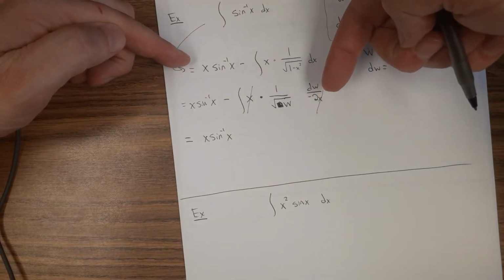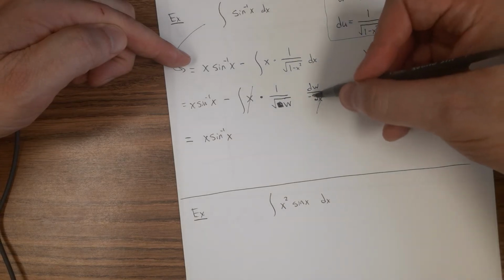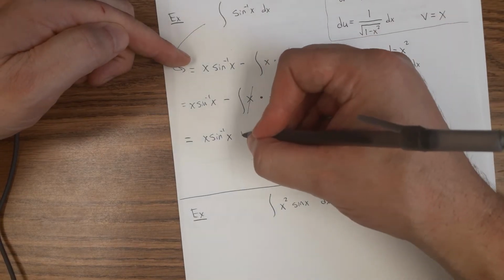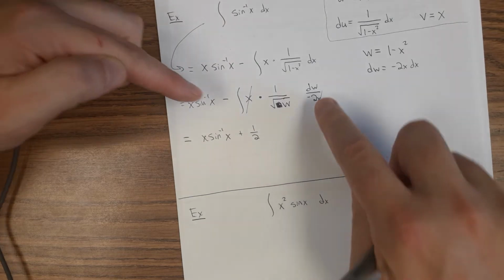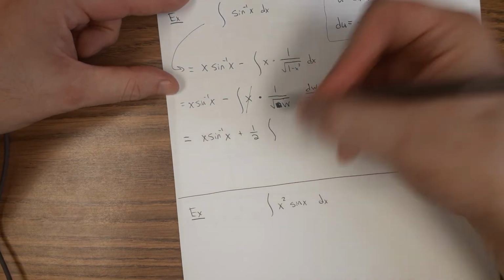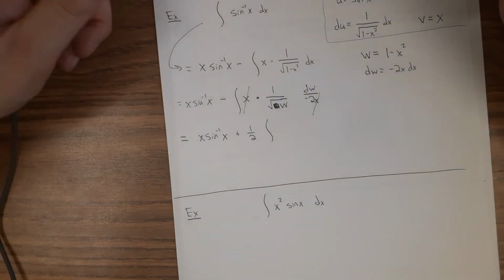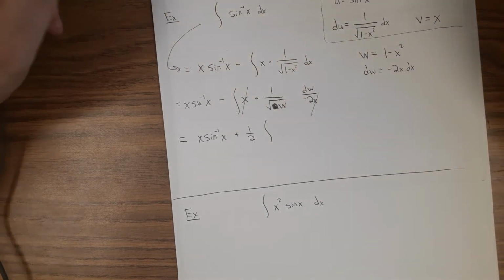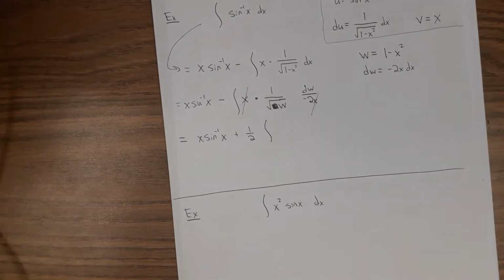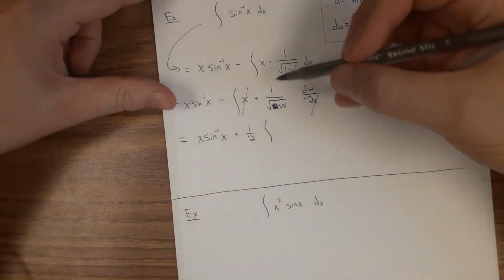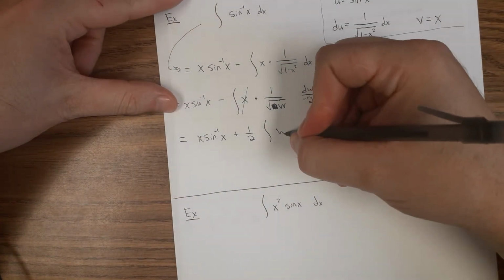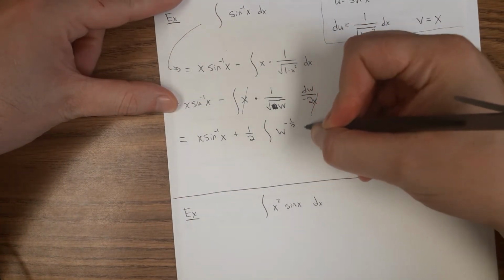I'm going to pull a negative 1/2 because I've got a negative 2 in the bottom. So actually, let me call this plus 1/2 because the two negatives cancel. Integral of, okay, 1 over root w. We're about to do antiderivatives, and we like powers. Powers are friendlier than roots, so 1 over root w is the same as w to the minus 1/2. I like that better.